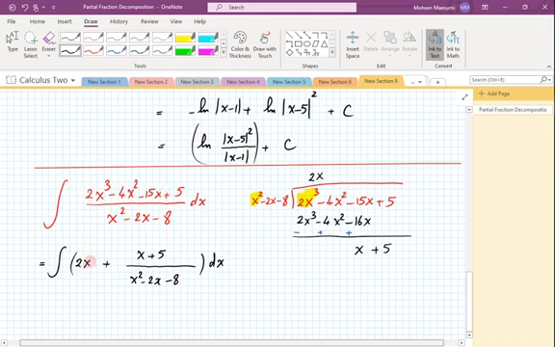This looked scary, but now the integral of 2x is x squared. The integral of the remaining fraction is exactly like the previous problem. You do a partial fraction decomposition, break it up into pieces just like what we did here, and then you do the integration.